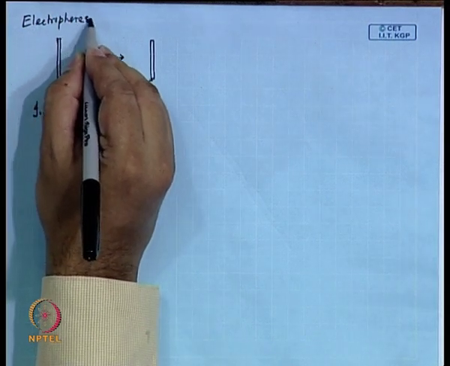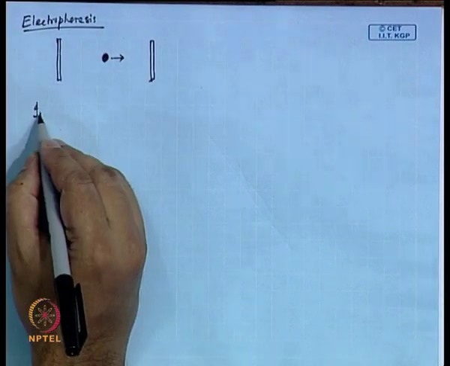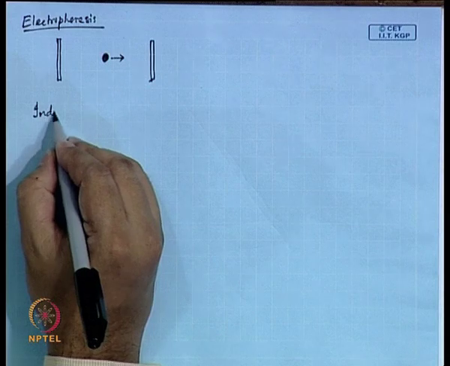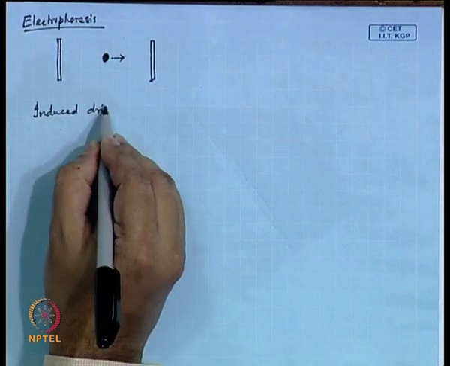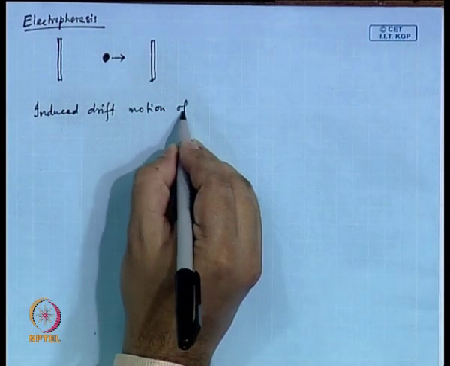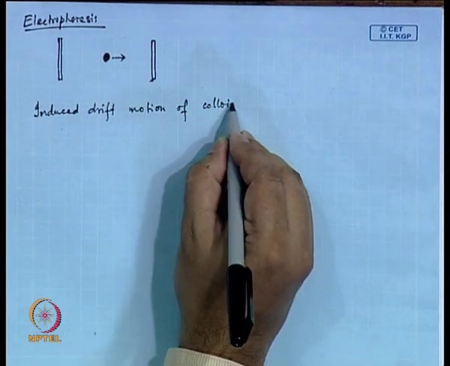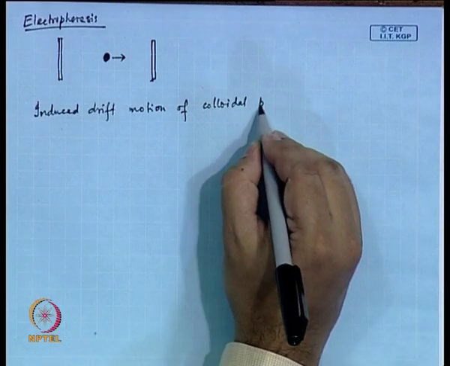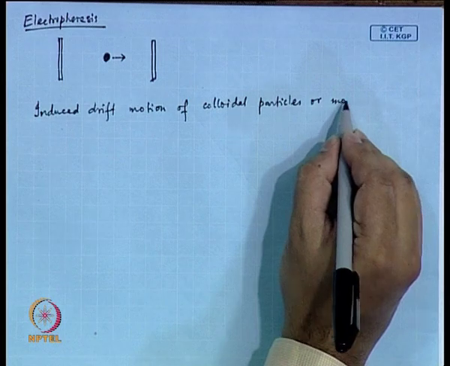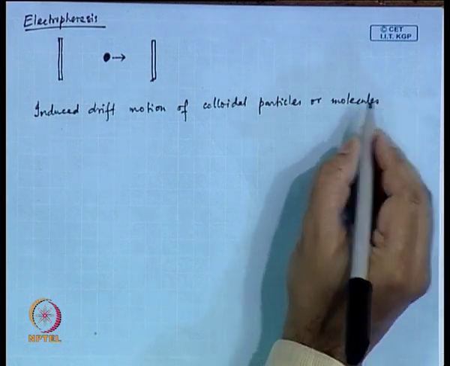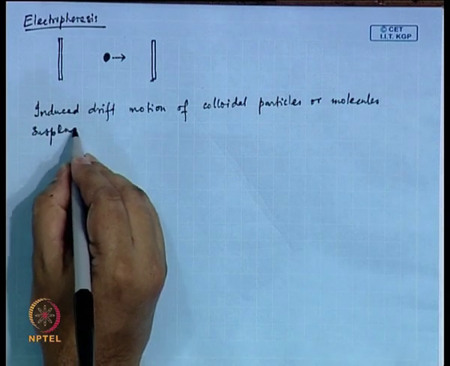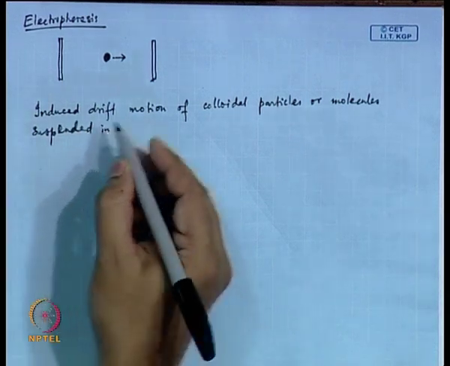Before we go to the other item, dielectrophoresis, in electrophoresis what we have is induced drift motion of colloidal particles or molecules suspended in polar solutions.